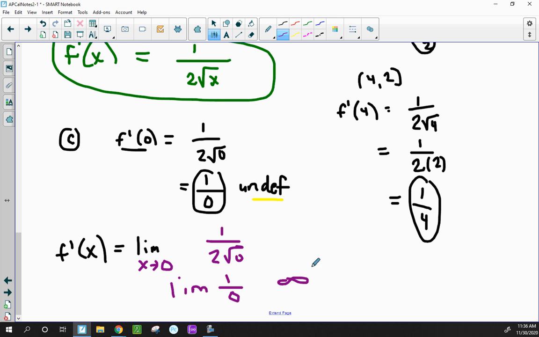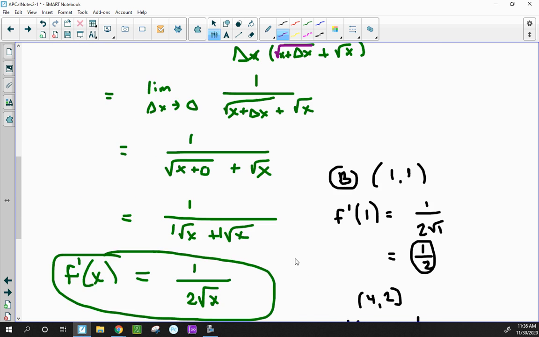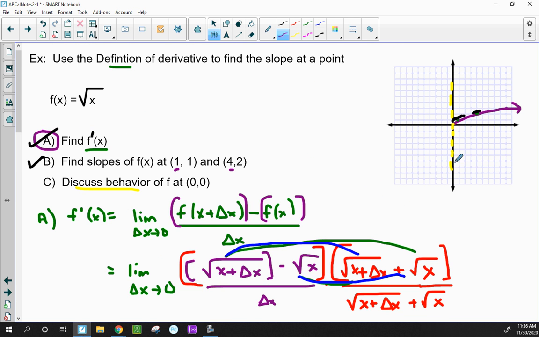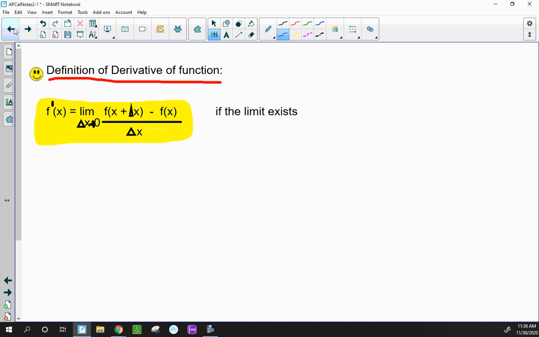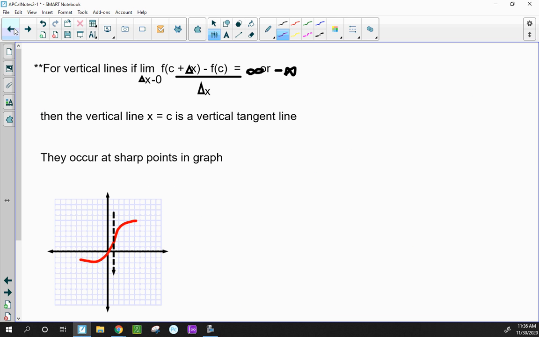Remember me saying in the past, when you have a number divided by 0, it's going to go to infinity. When the slope is undefined and the limit is infinity, that's what makes it a vertical tangent line. And we did that the other day: for vertical lines, if the limit as delta x approaches 0 is either infinity or negative infinity, then you're going to have a vertical tangent line.